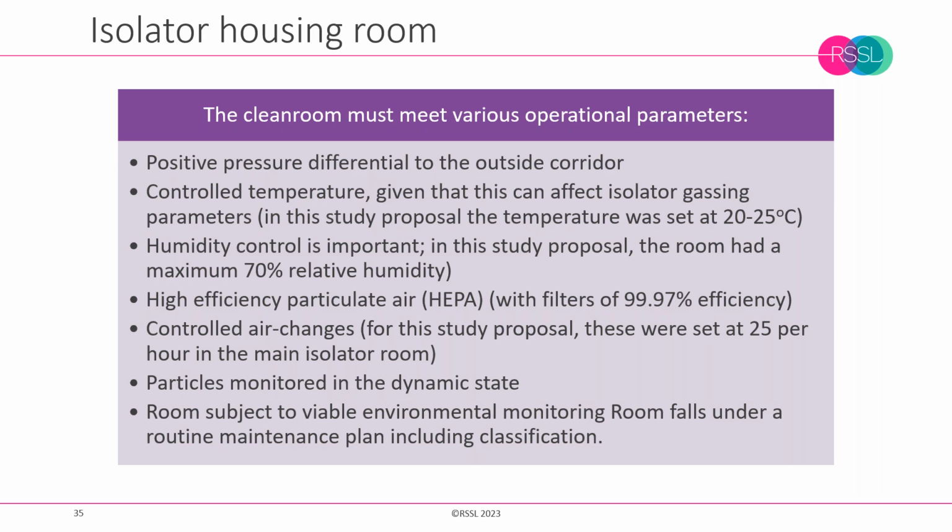We also need to ensure that the room in which the isolator is held is also under a state of control, and this will be a clean room, either of grade D, perhaps for sterility testing, or grade C for aseptic processing isolators.